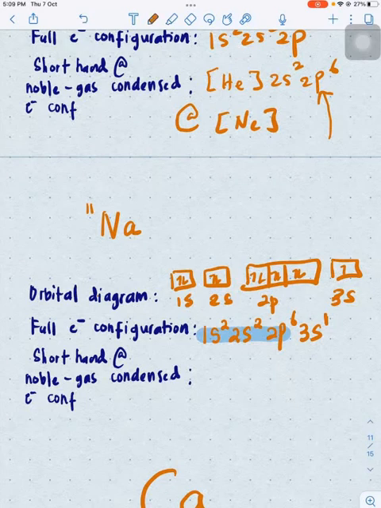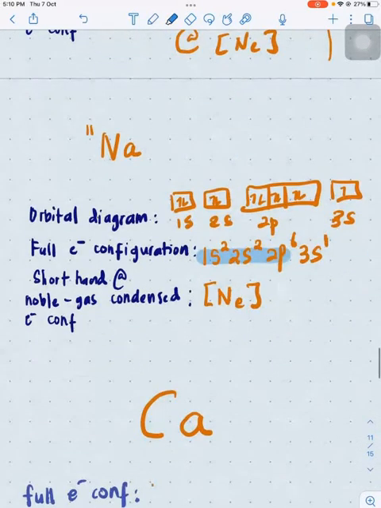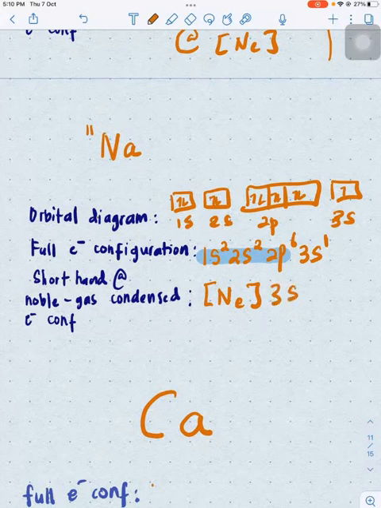Sama dengan neon. Maknanya the first 10 electron tu dia punya electron configuration mesti sama dengan neon. Sama kan? Ini sama. So sebab tu you all boleh gantikan saja 1s2, 2s2, 2p6 dengan neon, square bracket neon. So yang tinggal kat luar adalah 3s1. So barulah nampak sikit lah dia punya perbezaan antara full electron configuration dengan condensed electron configuration.